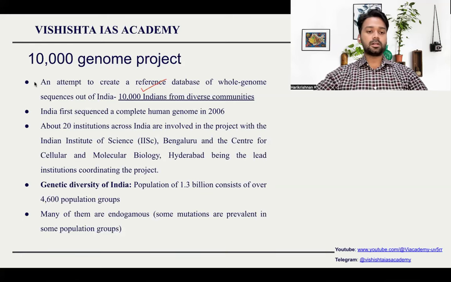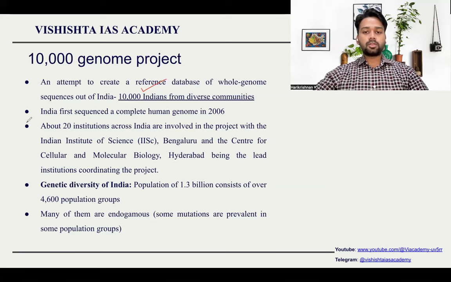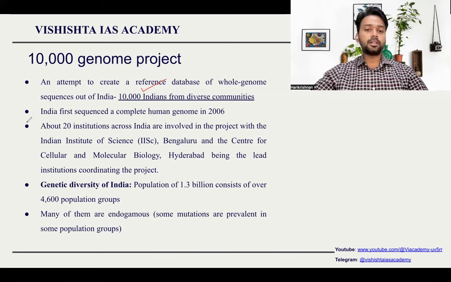So what exactly is a genome? A genome is the entirety of genetic material of an individual. So if there is a man, the entire different genes present in his body, if you combine all of them together, we call it the genome of that particular person. So we have different populations. India is a very diverse country.